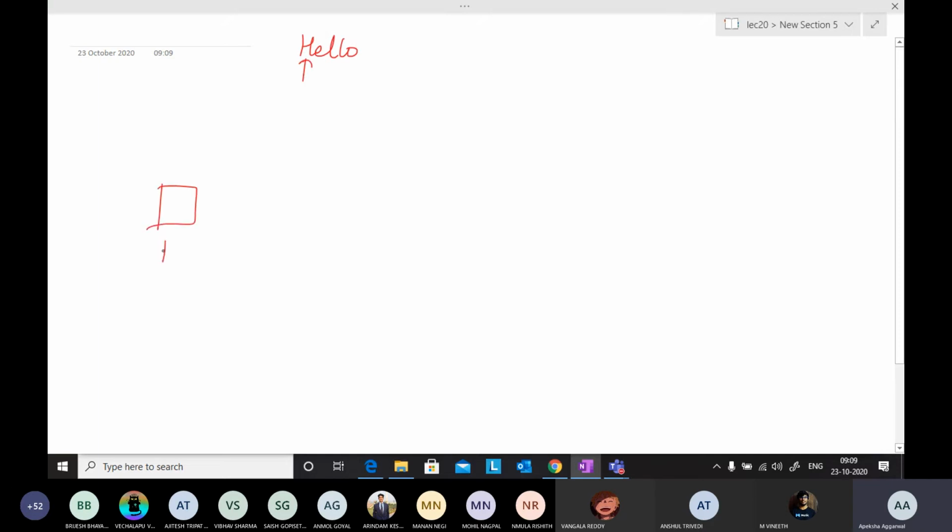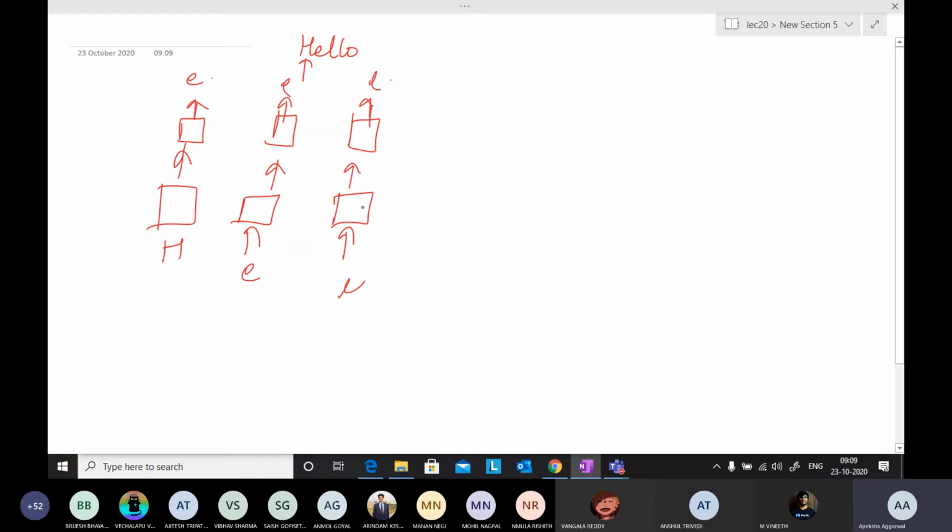I can give h in my recurrent neural network, and I will expect the next character as e, and then I will give e as input, and I can expect the next character as l. Then I can give l as input, and I can expect l as output. So we can learn word-wise, and we can also learn character-wise.